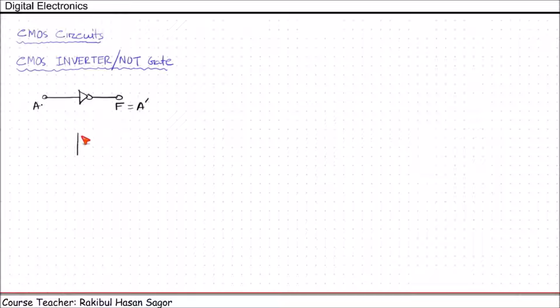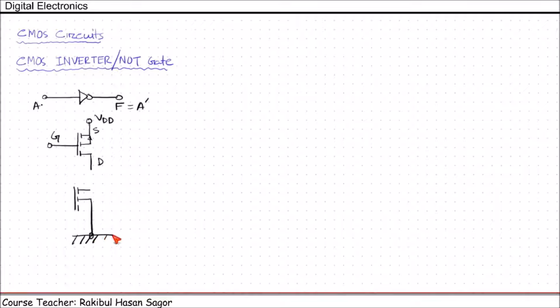In the upper circuit, we'll be using PMOS, which will be connected with VDD. This is our source, and this is the drain. In PMOS, the current flows from source to drain, and this is the gate for PMOS. Then we'll be using another MOSFET, that is NMOS, and its source side will be connected with ground.